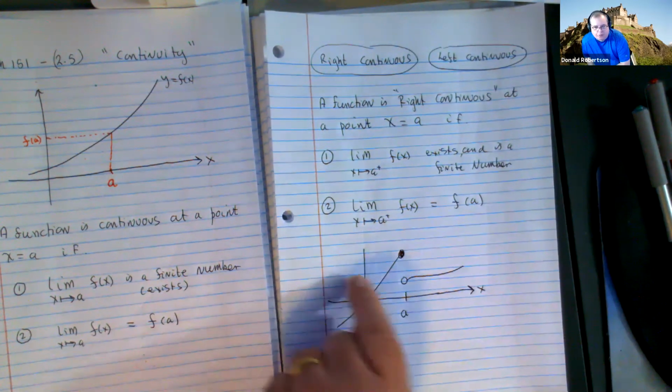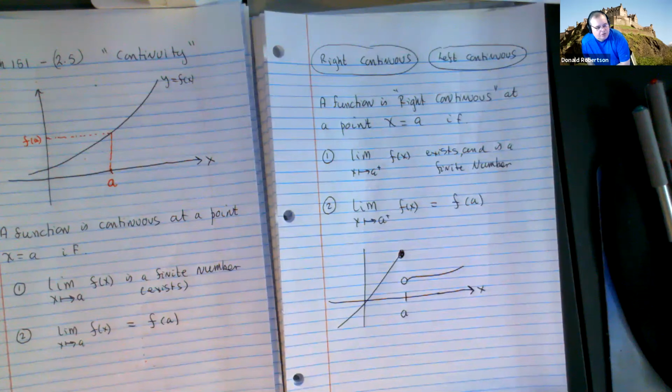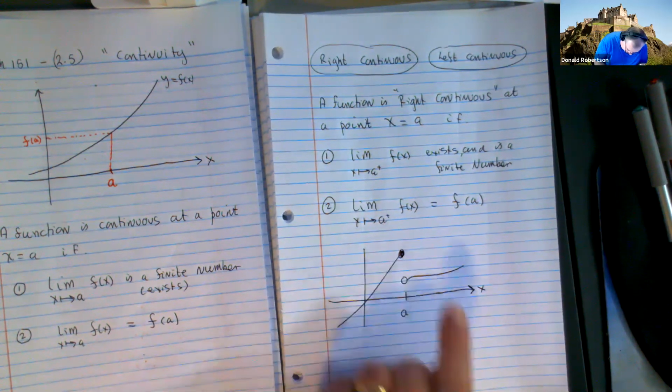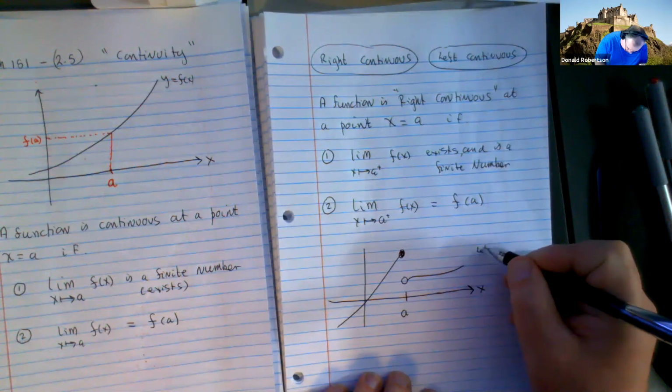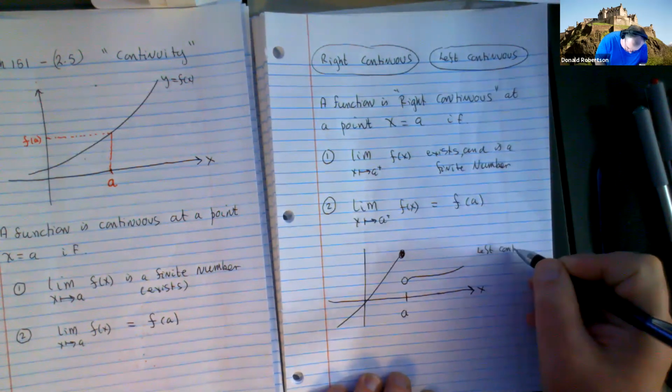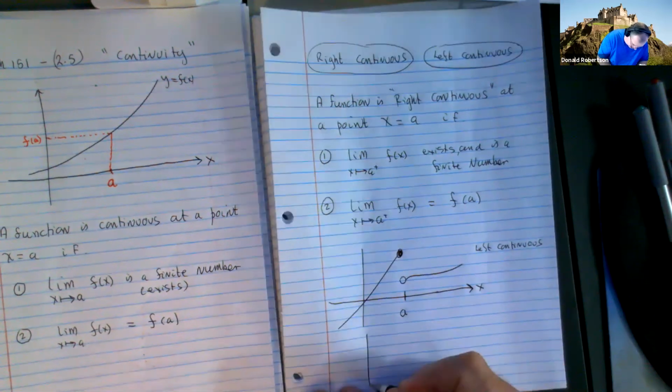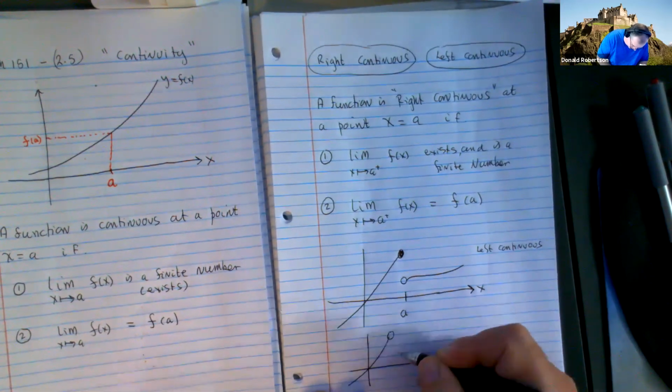It also has the property that it is left continuous. Do you see where the dot is? It's on the left. Now, that would be left continuous. And right continuous would look something like this, which is probably the one I should have done first.